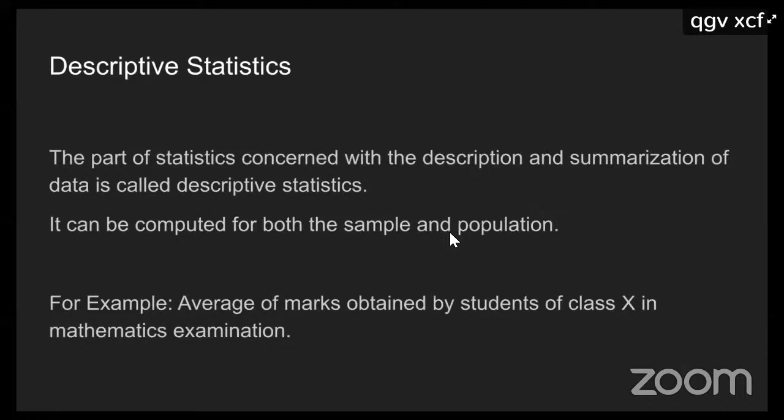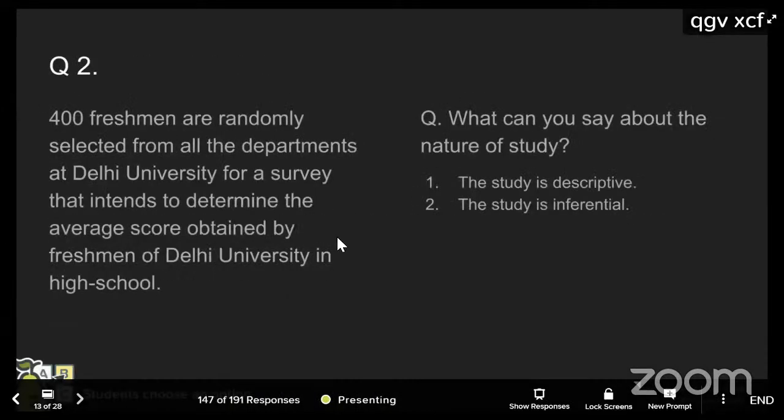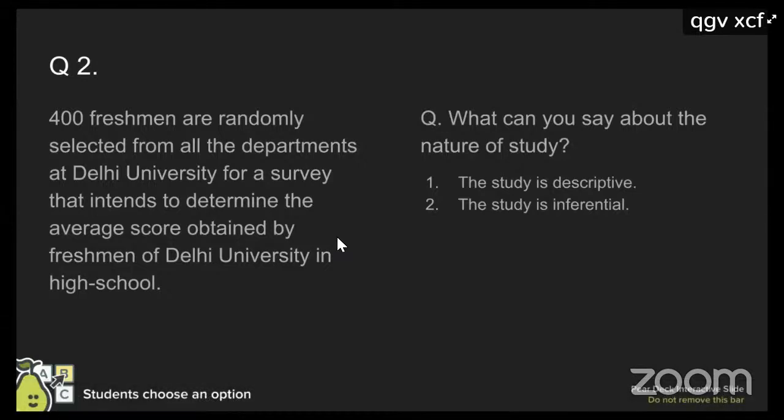It is concerned with the description and summarization of the data. This means you are doing some numerical summary or pulling out the main points of the data, like calculating the average. Suppose you calculate the average, then you say, yes, the average marks is this, that's it.